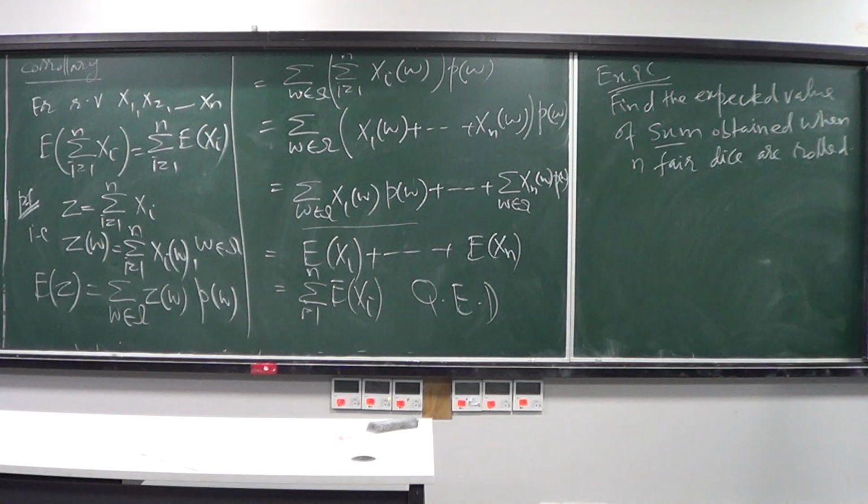Okay? N fair dice are rolled. So find the expectation of the sum.